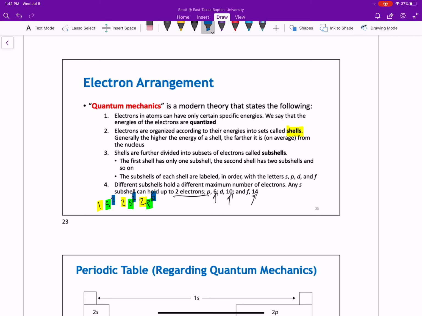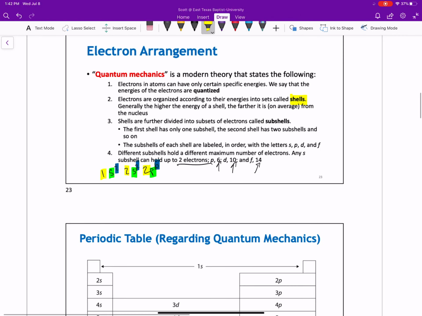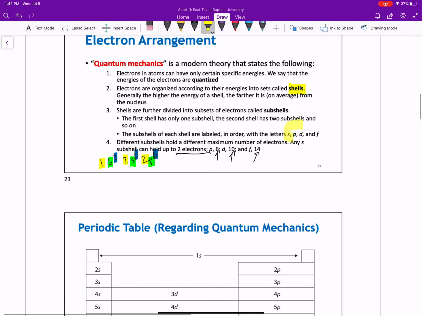So in the 1s subshell, there are 2 electrons. In the 2s subshell, there are 2 electrons. In the 2p subshell, there are 6 electrons. I'll try to explain it better as we go on. But first, you need to figure out what these S, P, D, and F subshells even are. I'm going to do my best to explain that in this next slide.